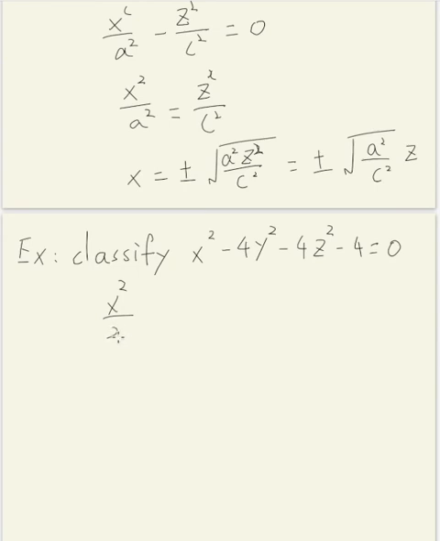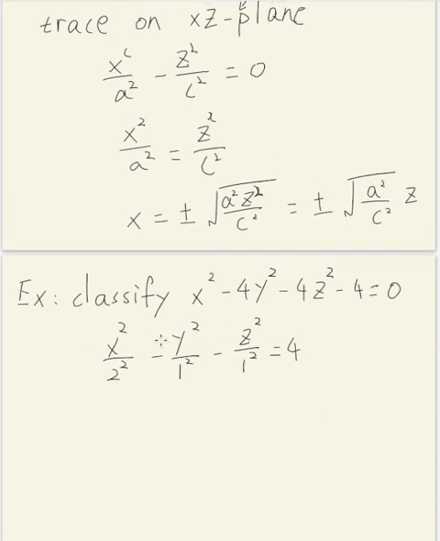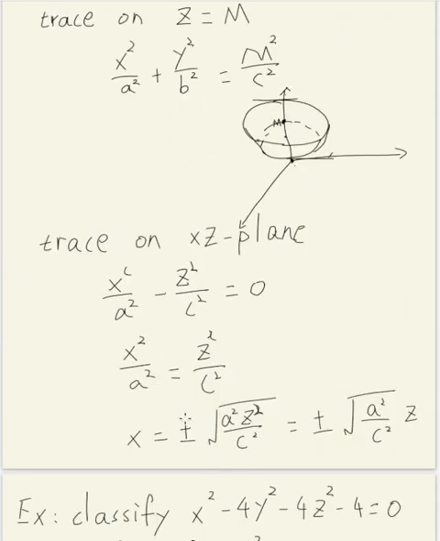Well, 4 is 2 squared, so let's write 2 squared, minus y squared over 1 squared, minus z squared over 1 squared, minus 1 equals 0, so add 1 on both sides, we get equals plus 1. All right, this process, maybe you can call it normalization. We get rid of all the coefficients in the numerator and put them in the denominator.